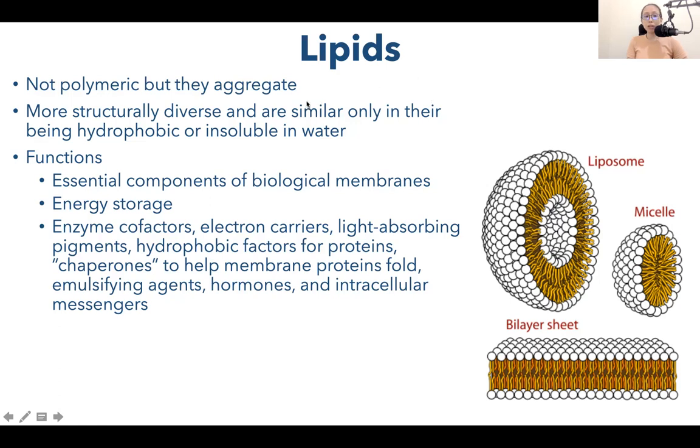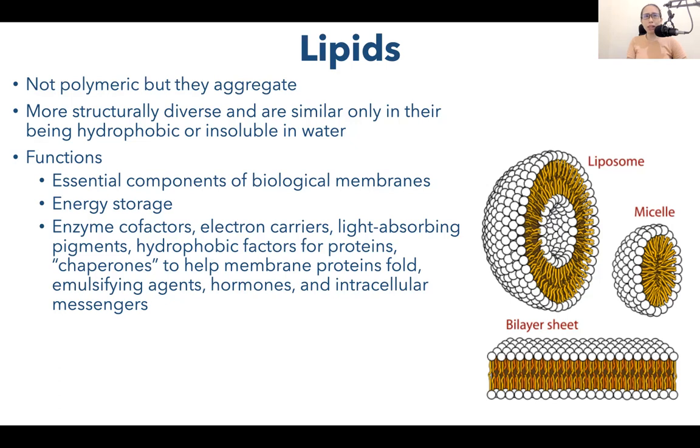Compared to other biomolecules that you have studied, lipids, in terms of structure, they are more diverse. So when we say diverse, mas marami tayong makikitang itsura ng mga lipids. Unlike your proteins, ang proteins, di ba, meron ka lang peptide bonds linking your amino acids.